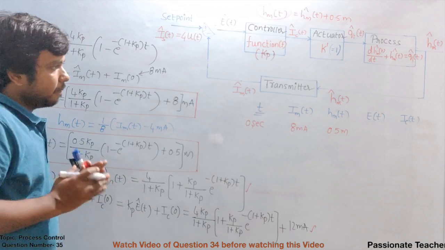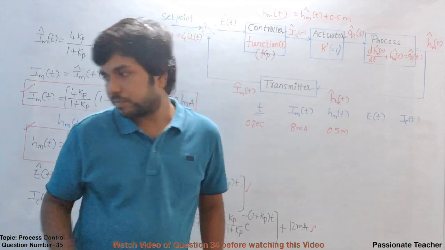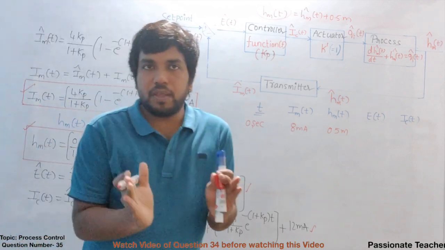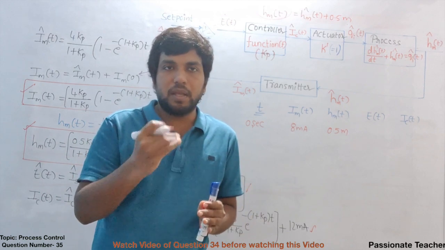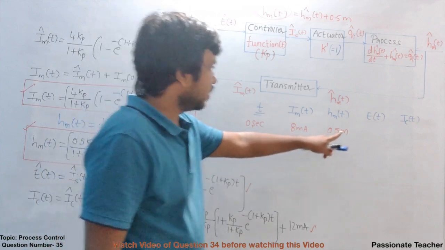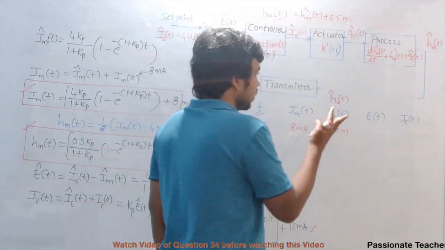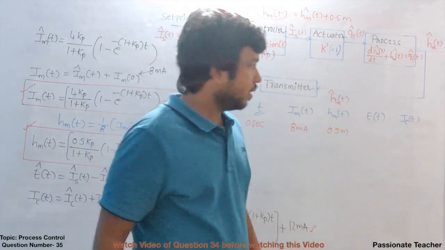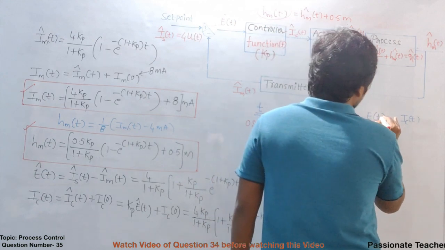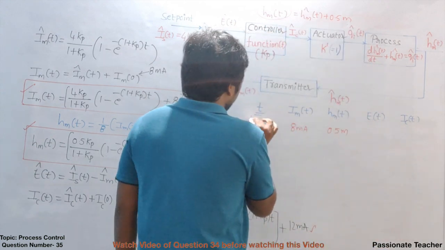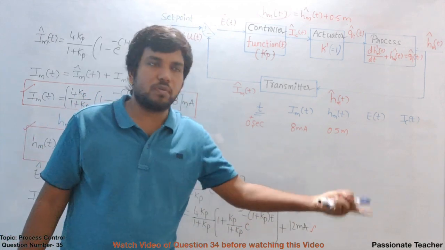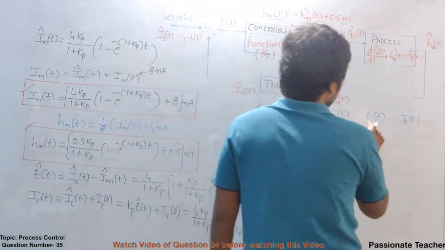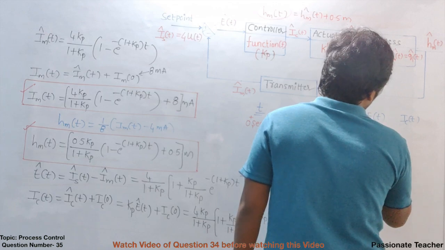So if you look at exactly the moment when we apply the set point variation, at an instant of time just greater than 0, the water level will not change suddenly, but the error can change. That means I am talking about E(0+), let me say 0 plus here, that is just after 0 seconds, maybe like 0.0001 second. The error could be equal to 4 milliampere, right?